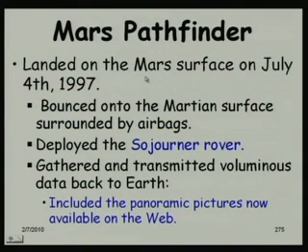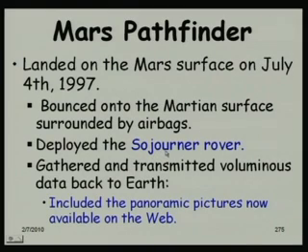So, this was sent to Mars and it landed actually on 4th July 1997, and it bounced onto the Mars surface by airbags, so that it would not get damaged, and then it had a vehicle which would roam around the Mars surface called the Sojourner.